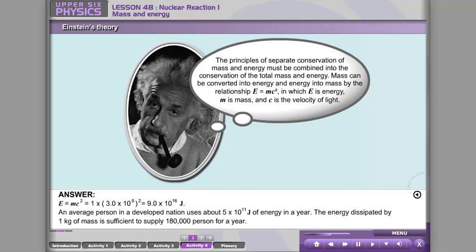An average person in a developed nation uses about 5 times 10 to the power of 11 joules of energy in a year. The energy dissipated by 1 kilogram of mass is sufficient to supply 180,000 persons for a year.